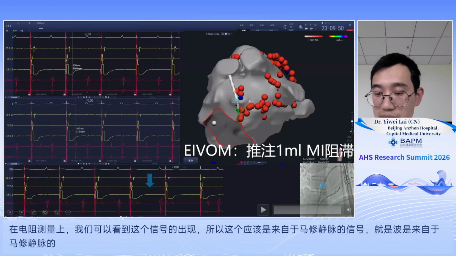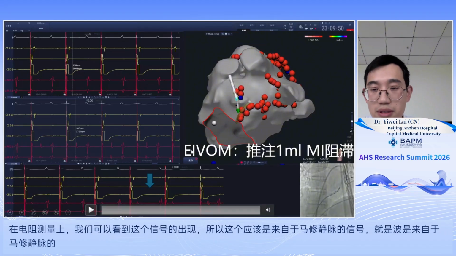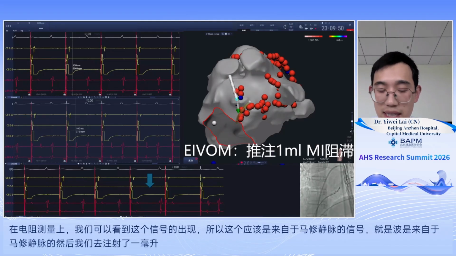So in this patient, we then did the ethanol infusion and the interval prolonged, and the mitral line dropped right after 1 milliliter of ethanol infusion.